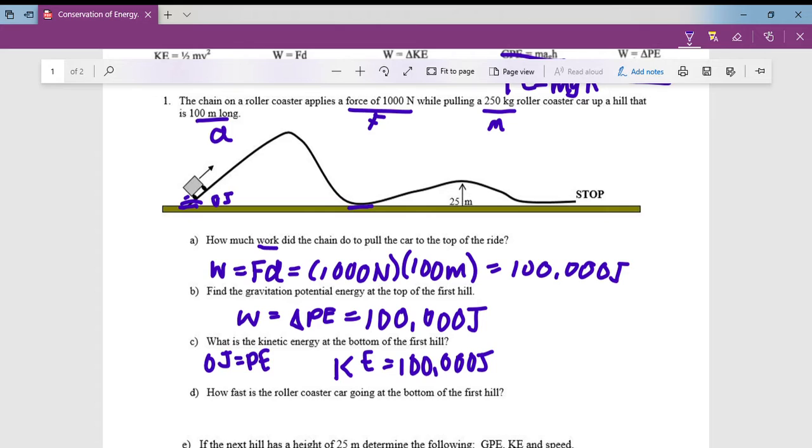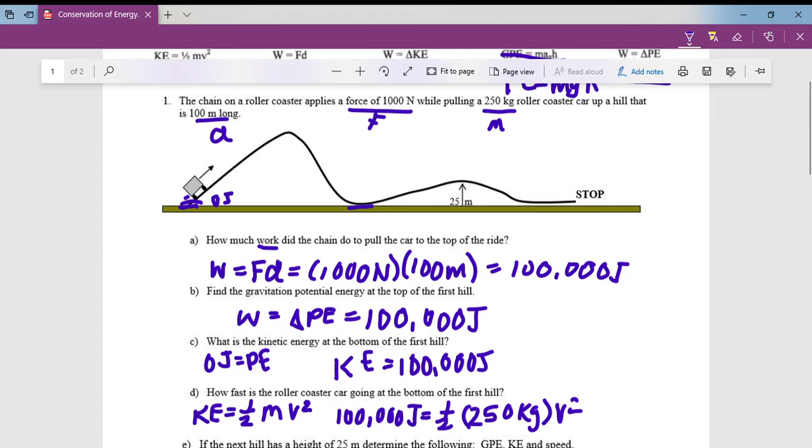And now they want to know how fast the roller coaster is going at the bottom of the first hill. We know the kinetic energy, which we just said was 100,000, is equal to 1/2 mv squared. So 100,000 joules equals 1/2 the mass, 250 kilograms, times v squared.